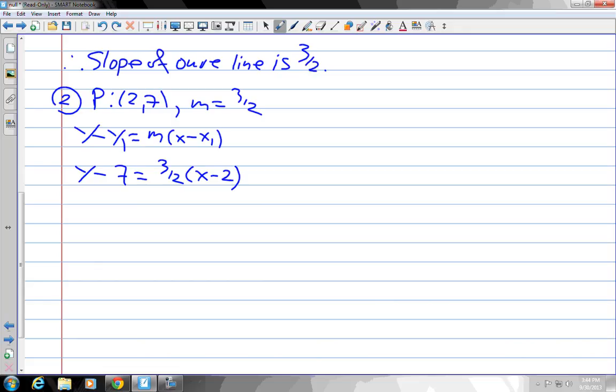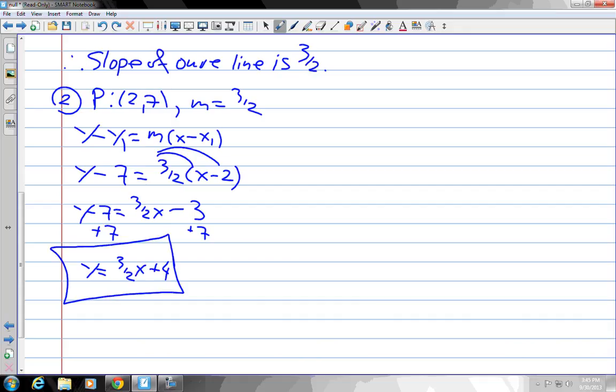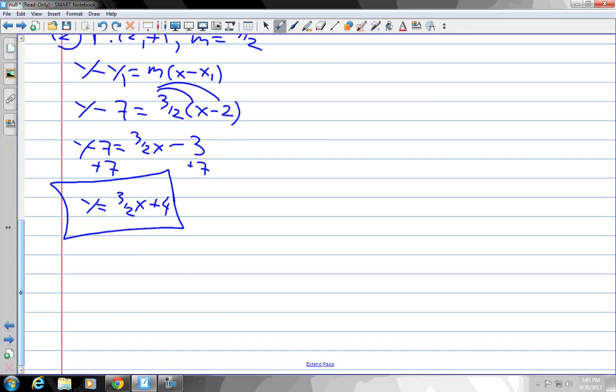Now simplify that. y minus 7 equals 3/2 x minus 3, because 3/2 times 2 is 3. Add 7 to both sides. y equals 3/2 x plus 4. Is that okay?